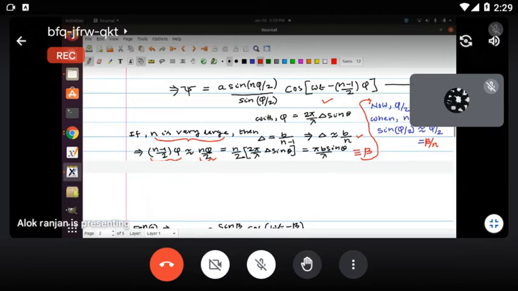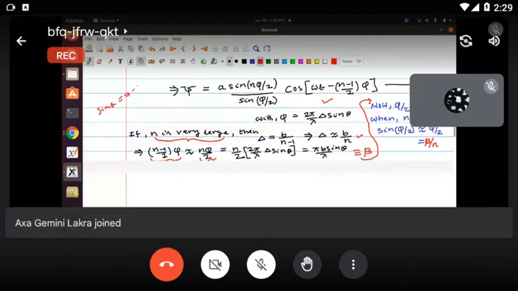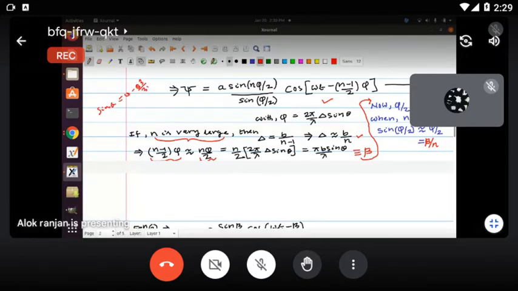And when n goes to infinity, when n is very large, what happens? The sine of phi over 2 could be approximated by phi over 2. Everybody knows the expansion of sine theta, which is theta minus theta cubed over 3 factorial plus theta to the fifth over 5 factorial. I guess this is correct, right? And when n is very large, then phi goes to 0.